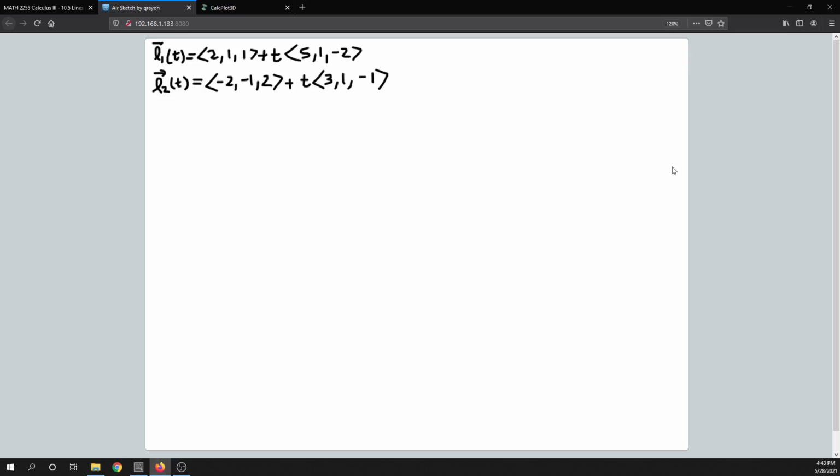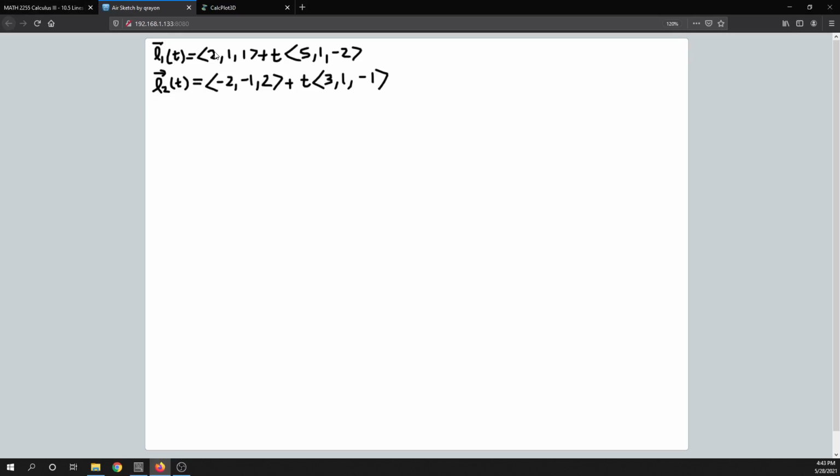All right, and so what I'm going to do is to write the parametric equations. It's a little bit easier to do that. Let me try to save some room here.